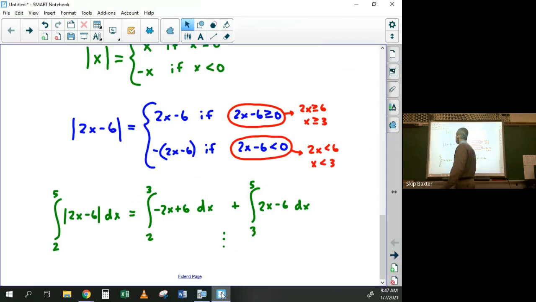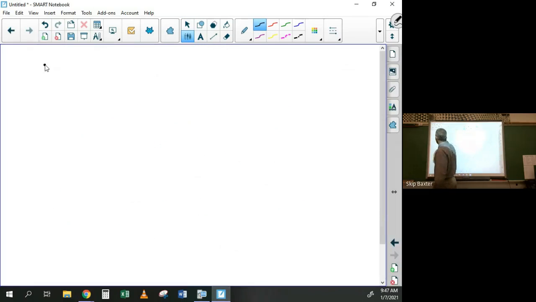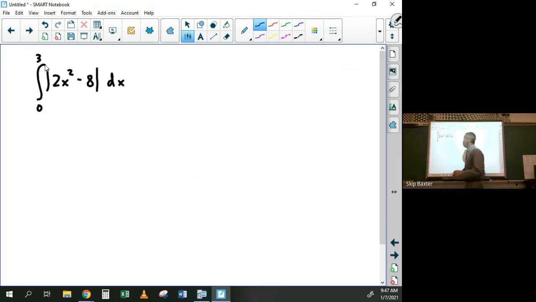We have the integral from 0 to 3 of the absolute value of 2x squared minus 8. So the first thing you should do in this problem is just take the absolute value and rewrite it as a piecewise function. And you always do it the same way.